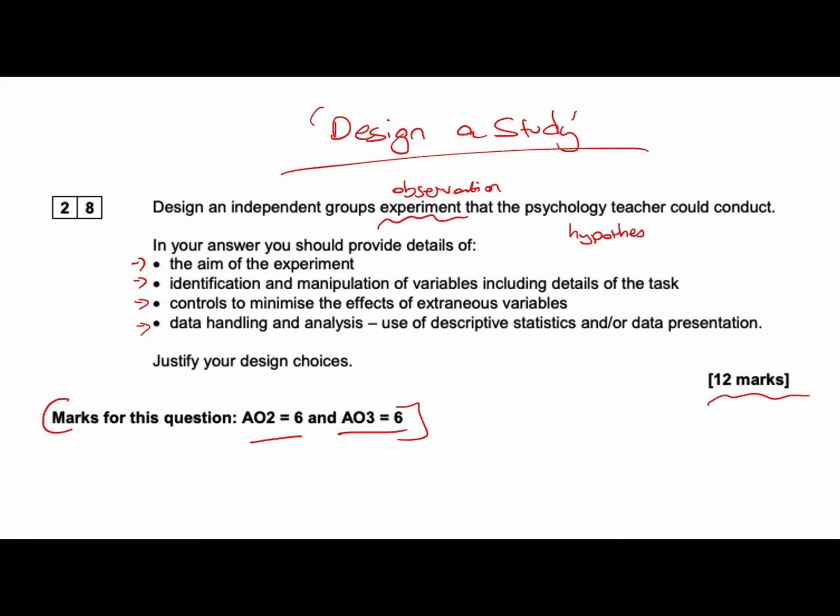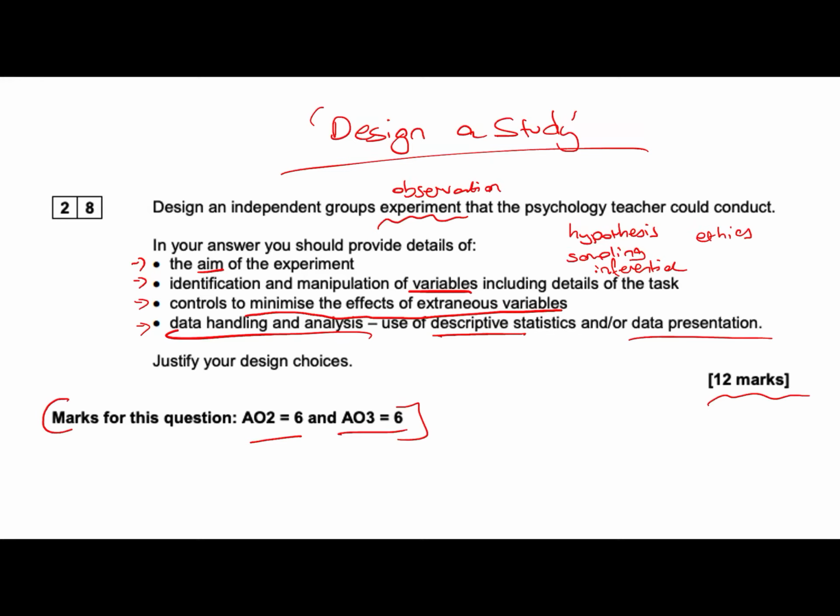Other times you might be asked to explain the sampling procedure, talk about inferential statistics, or talk about ethics. Basically, any element of designing a study you could be asked to discuss. So this is why it's so important that you pay attention to what they're asking for in this particular designer study question.